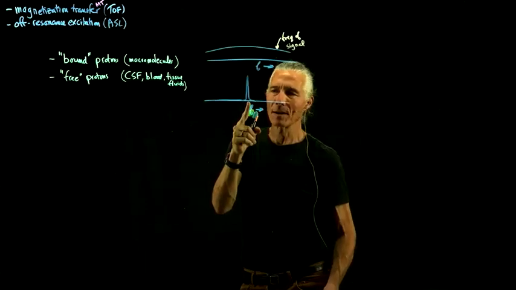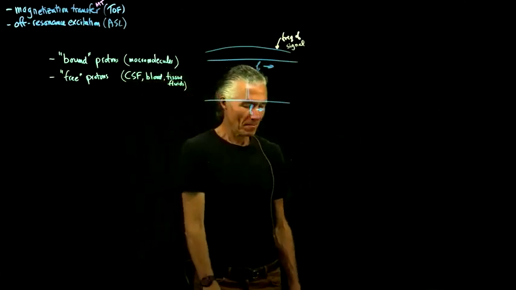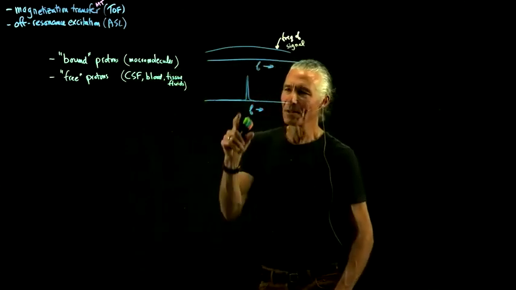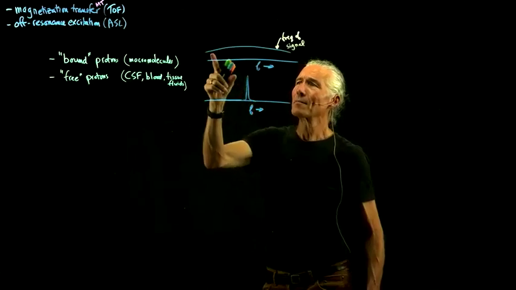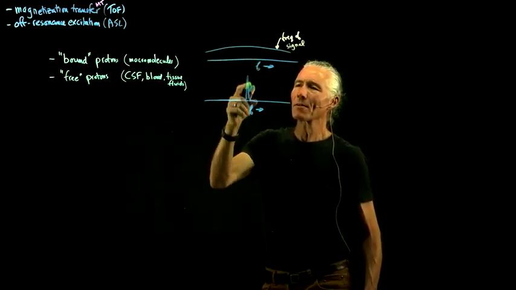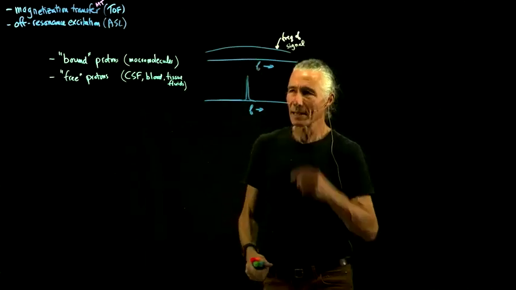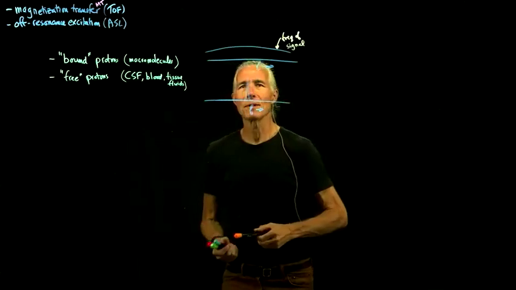Out of all the protons in your head, most of them are water, so no matter what, we're going to have to go after the water. But if you want to examine these guys, you're only going to get a small percentage of them if you do a narrow frequency band pulse.